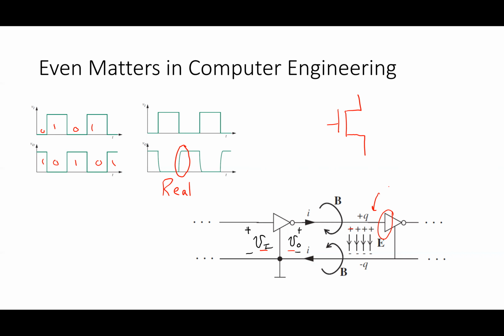So there's some electric field that needs to be stored. I also showed I've got currents moving through the wire. If I have currents moving through a wire, I have a magnetic field around those wires. Any wire in the world has what? Inductance, right? Every wire in the world has an inductance.